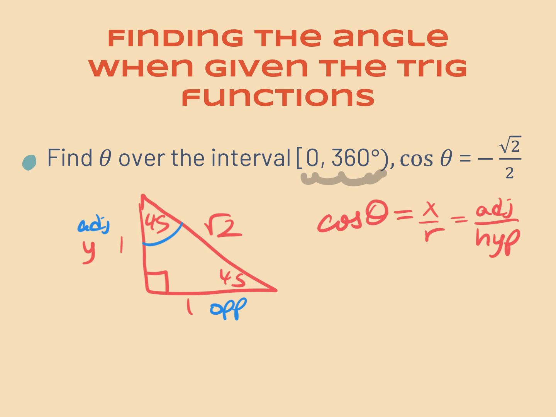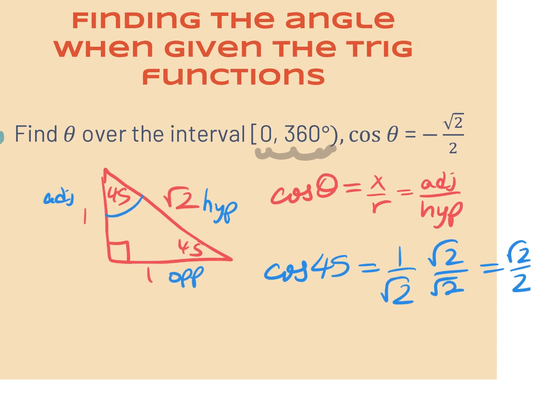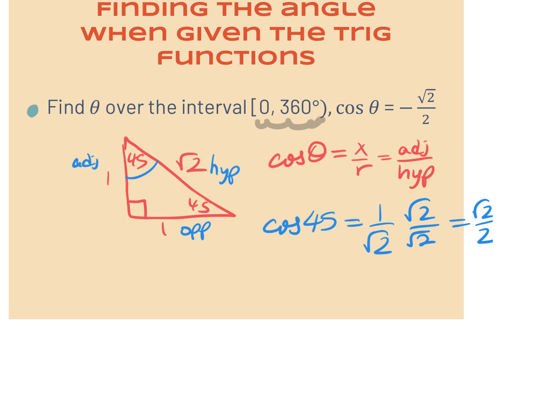Let's just do opposite, adjacent, and hypotenuse. So if I fill it in, the cosine of 45, adjacent over hypotenuse, 1 over root 2, rationalize, root 2 over 2. Now, what I need to do is figure out my angles.